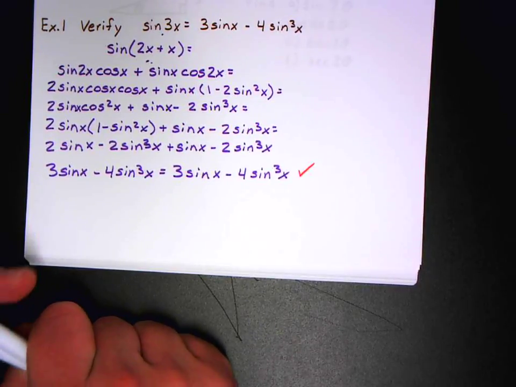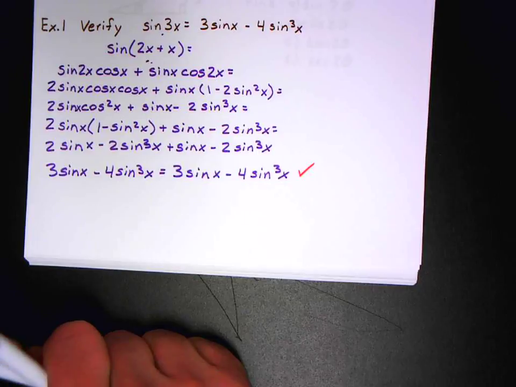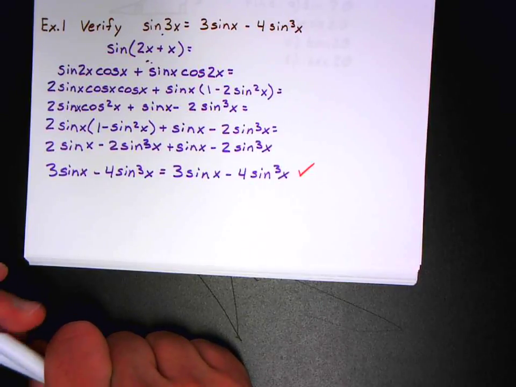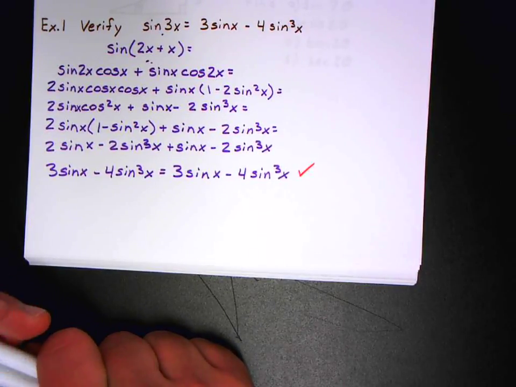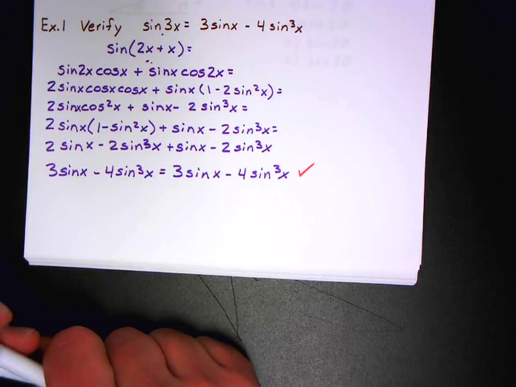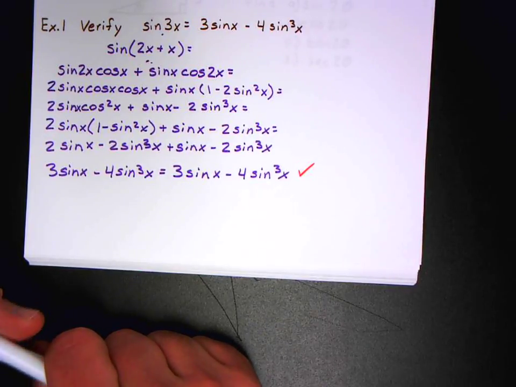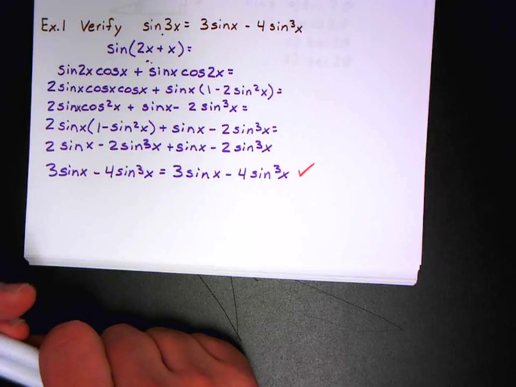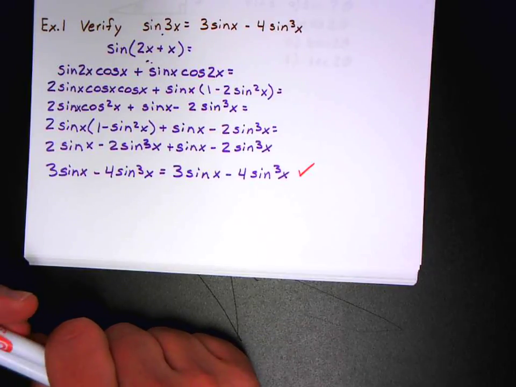Now, this is a difficult verify. I'm giving you that. I wanted to show you a difficult verify because a lot of the verifies that we have been doing are very simple. They're like, change everything into sine and cosine and everything cancels out nicely.